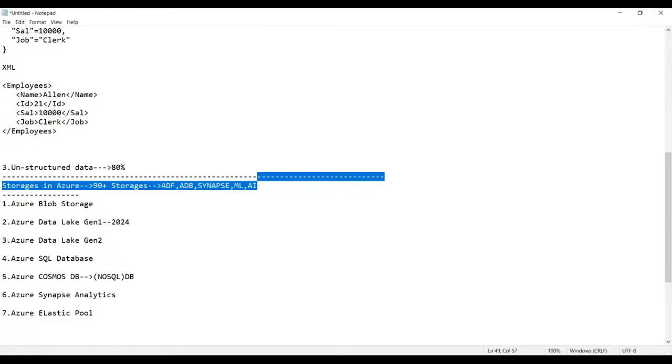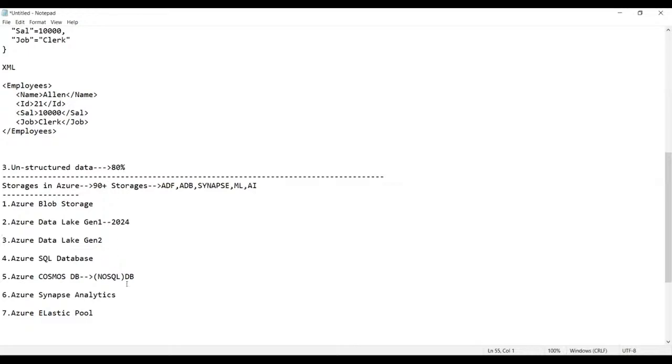Now I'll show you how to see the 90 plus storages you have. Everyone, I'm sharing this tab once again.